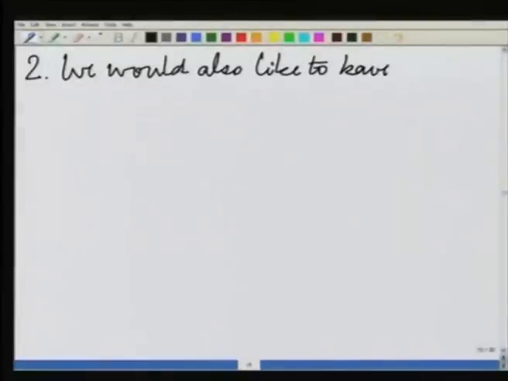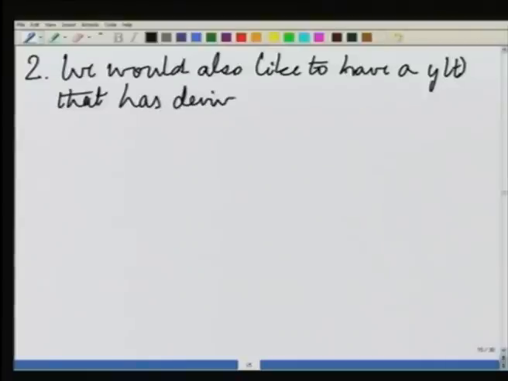Moving on to write the second constraint, we will say we would also like to have such a y t that has derivatives of the same form as itself.